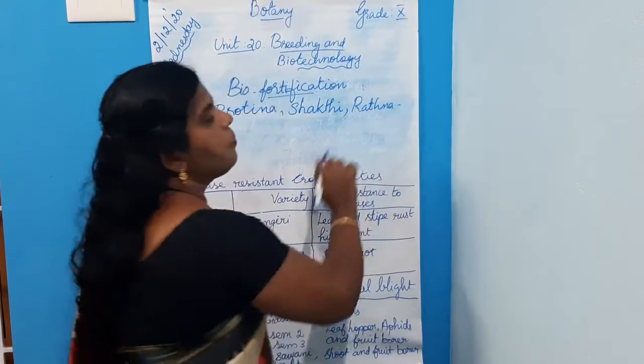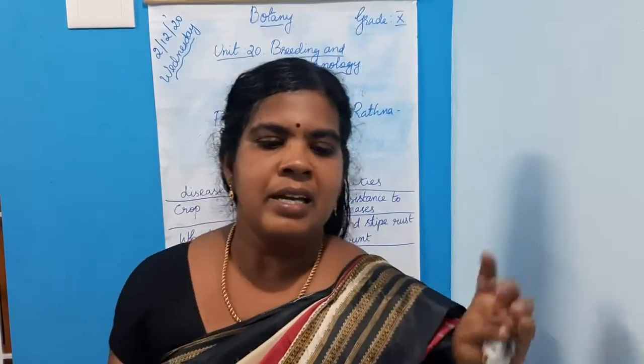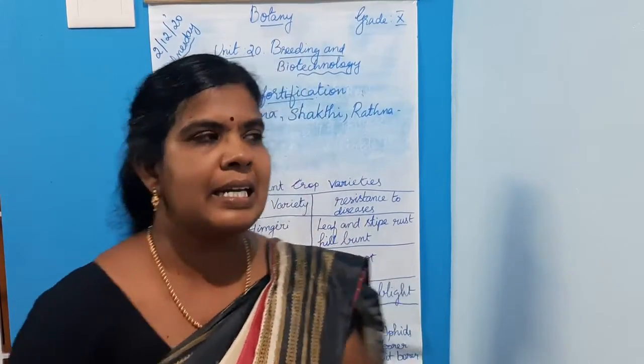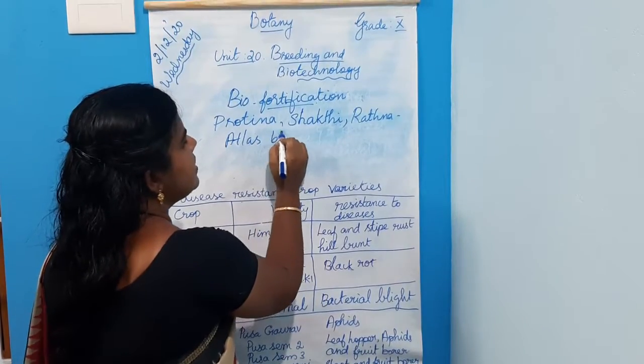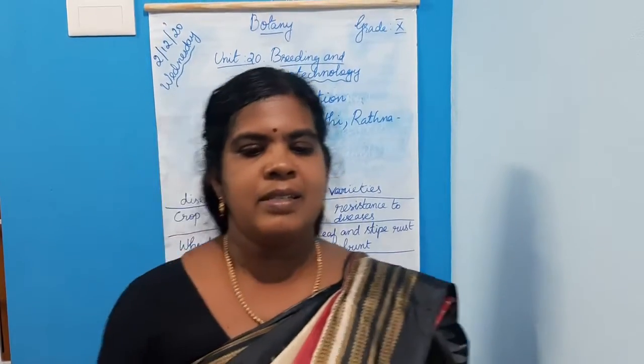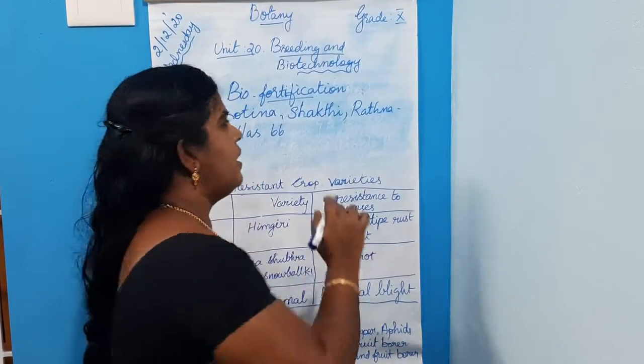These are lysine rich maize hybrids developed by biofortification. Next one is Atlas 66. It's a protein rich wheat variety, developed through biofortification. Next is iron rich fortified rice.